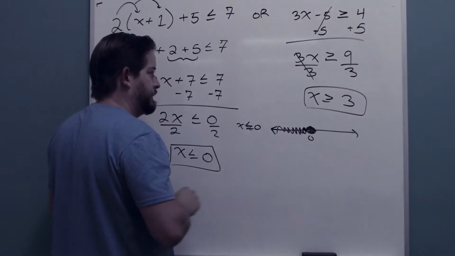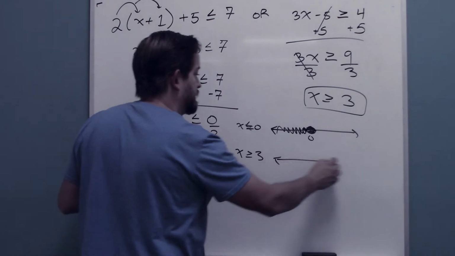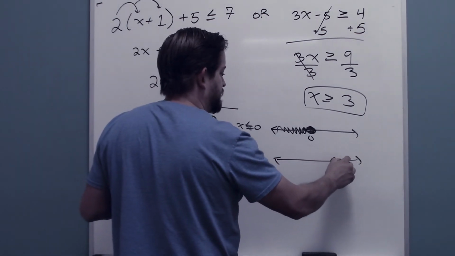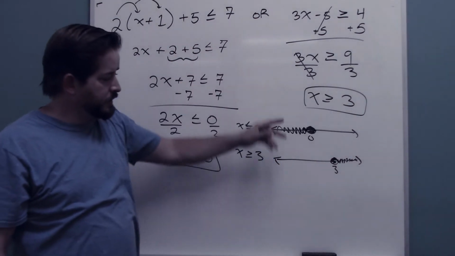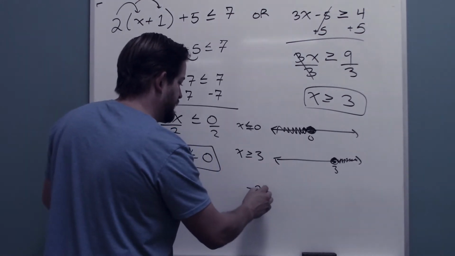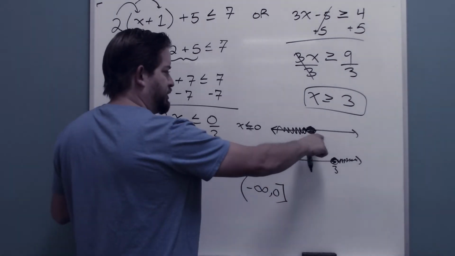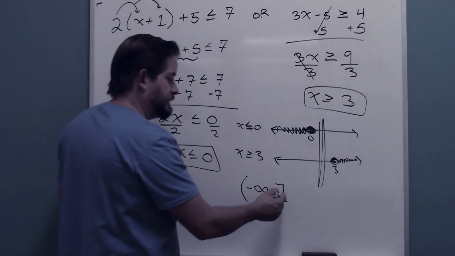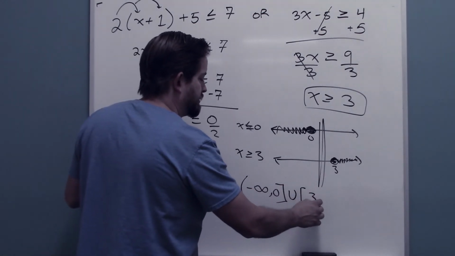But x is greater than or equal to 3 is at 3, a closed circle, and shade everything to the right. It's an or statement, so it's a union. It's the union of these two sets, and therefore it's negative infinity up to 0, including 0. There's a break, there's some numbers between here that aren't included, so that's a union. And then again, that other set from 3 to infinity.